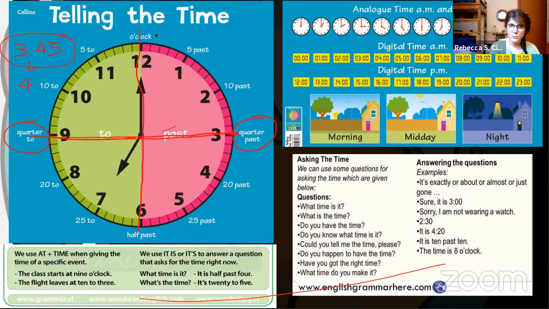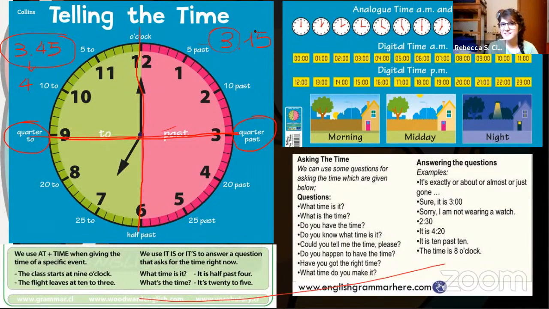Same here when it's, for example, 3:15. In this case, it's 15 minutes past the o'clock time. You just talk about how much time has passed after this hour.